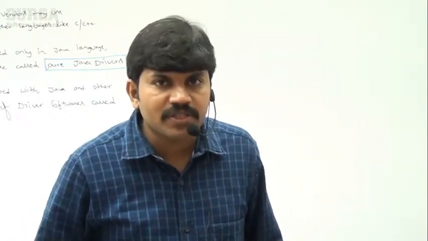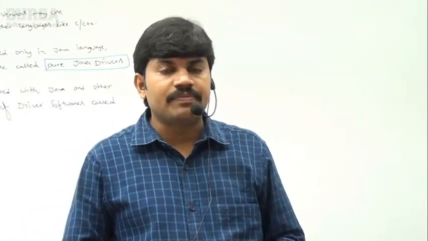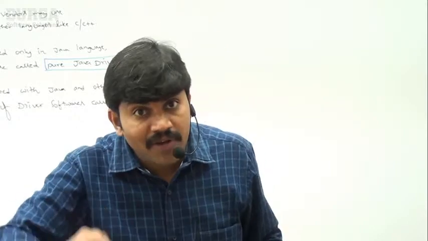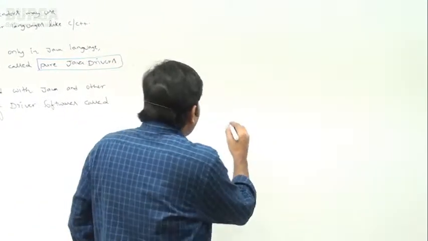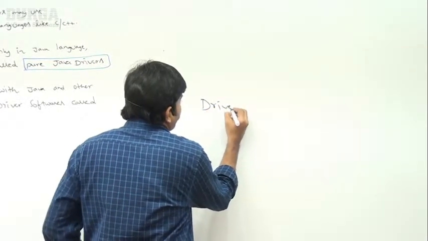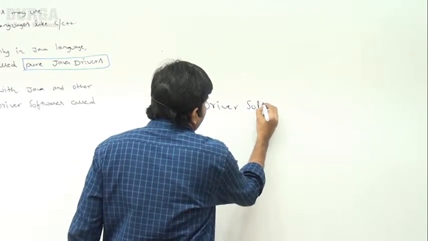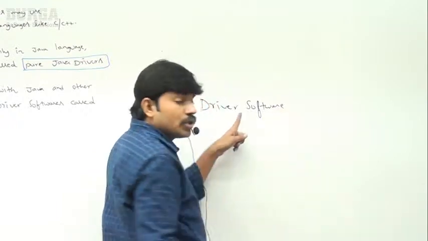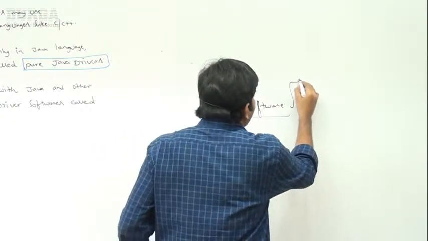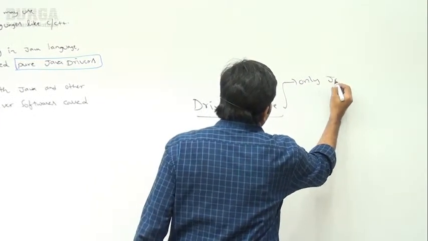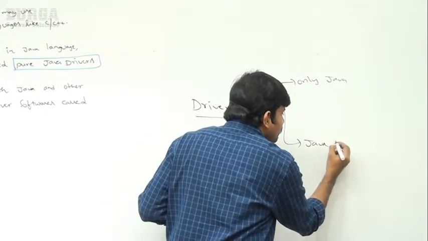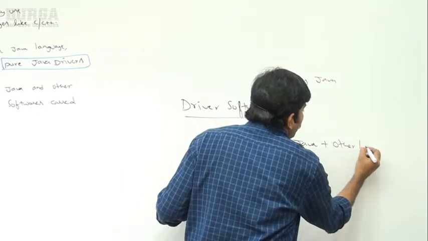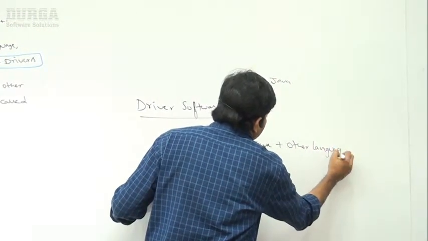The total driver software can be developed only by using Java, and sometimes Java with other languages also. Are you getting it? I want to develop a driver software. To develop it, I can use only Java or Java plus other languages like C or C++, right?